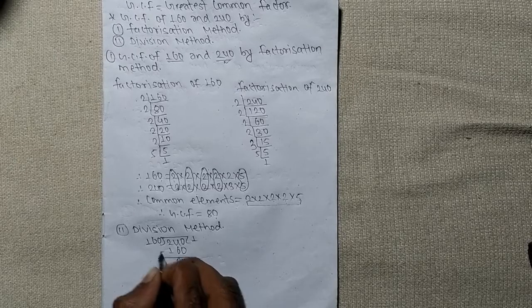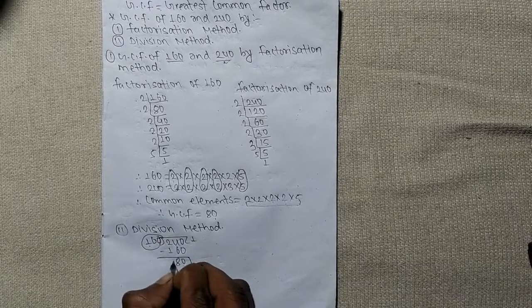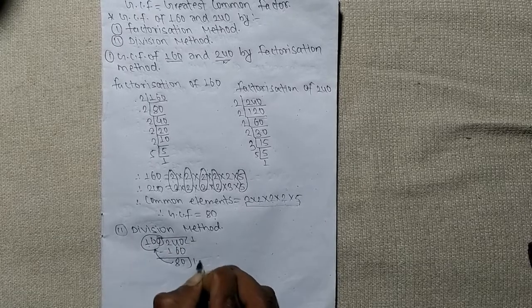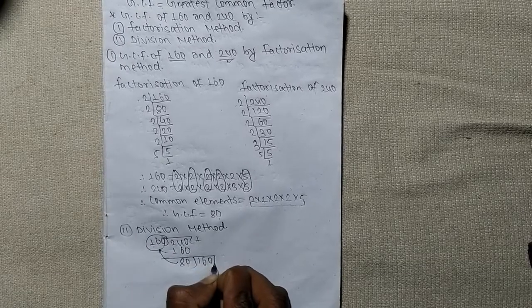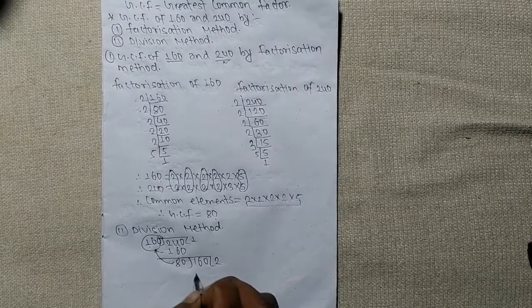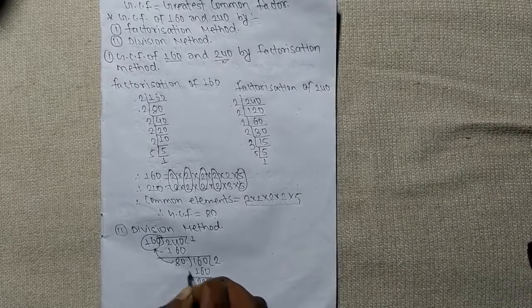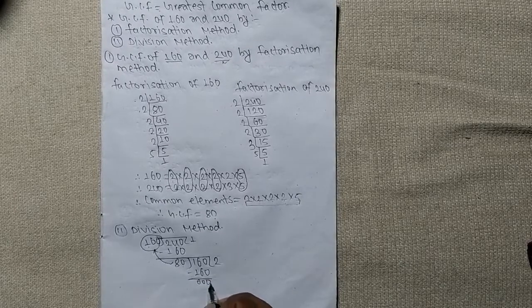Now again the divisor 160 is divided by the remainder 80. So 80 times 2 means 160, which means here there is no remainder.